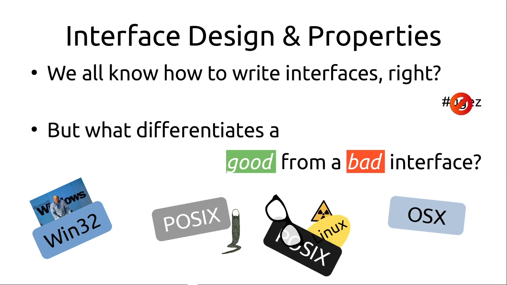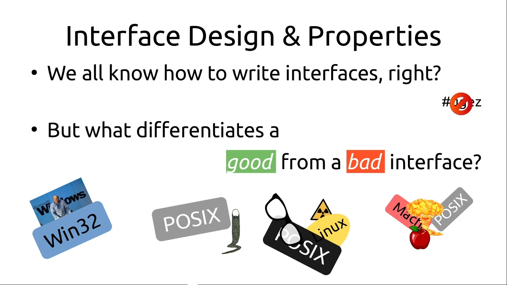Linux is for geeks, and depending on who you talk to, it's POSIX plus some sort of weird nuclear outgrowths that we call Linux. I like this graphic because it looks like the beak of a penguin. So forevermore, that's how I think about Linux for sure. And OS X is actually the Mach microkernel mashed in a giant explosion with FreeBSD, which is a POSIX-based system, to create an Apple, right?